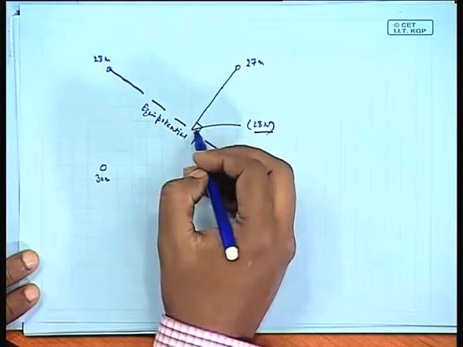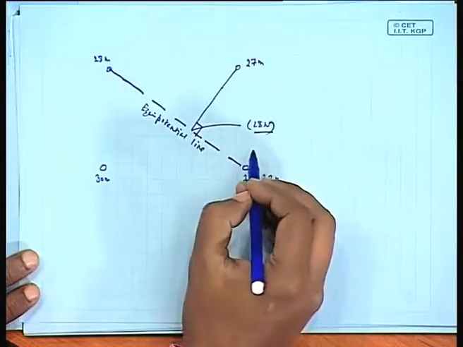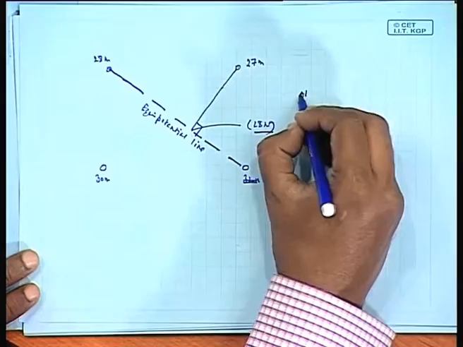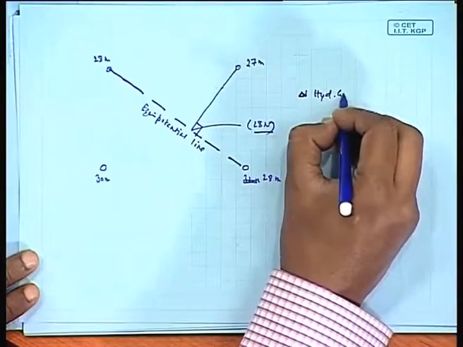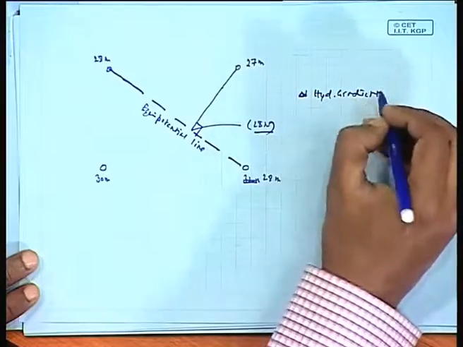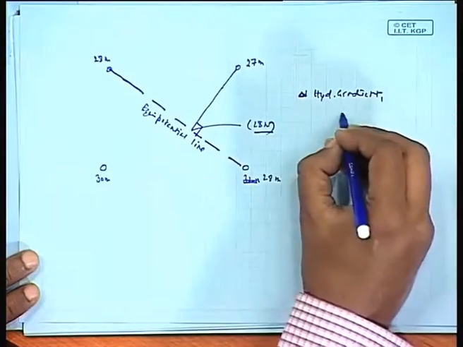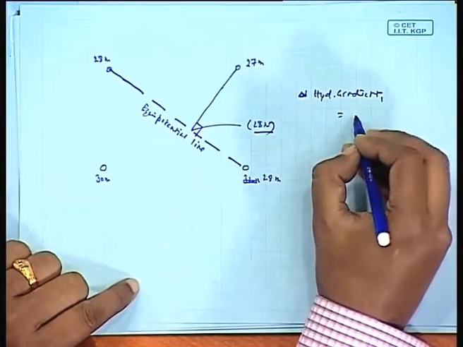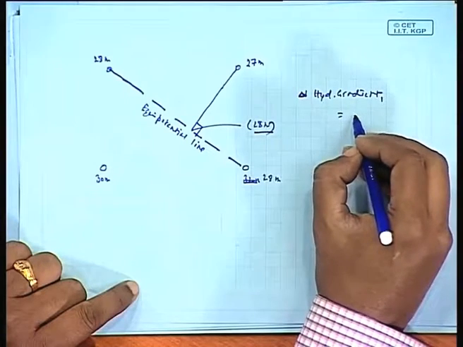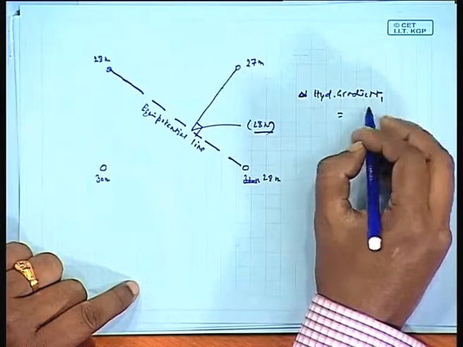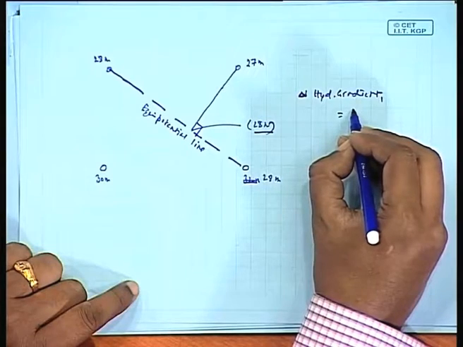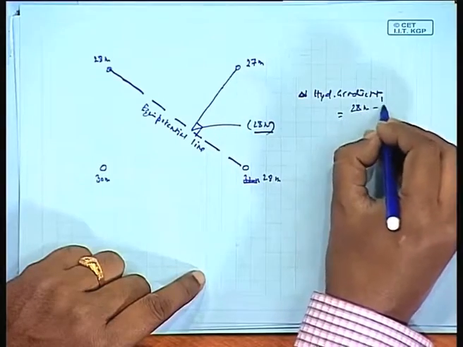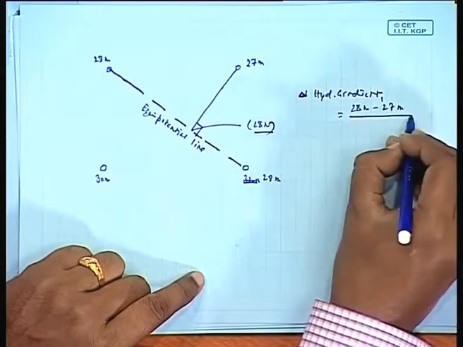From this equipotential line you would find out the head and the hydraulic gradient. Let us keep this as hydraulic gradient 1. So we can find the value as 28 minus 27 meter divided by this distance.